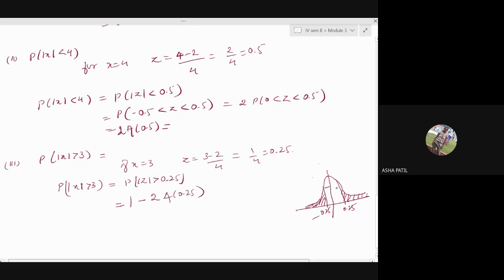Again this is also A of 0.25. If you subtract these two areas from the total area, you will get the required area. See what the value of A of 0.25 is, then you can substitute it. This is 0.0987, and the final answer will be 0.8026.